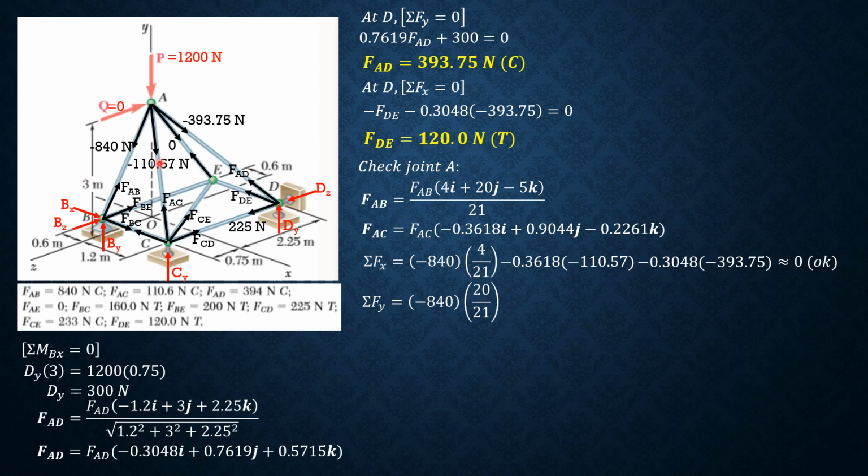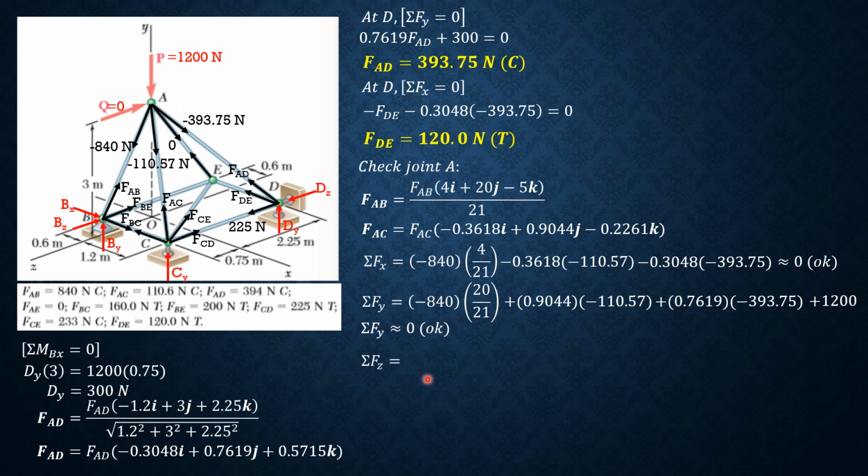Then 0.9044 times negative 110.57 for AC. Then 0.7619, the Y component of FAD, times negative 393.75, then plus 1,200 equals 0. Or check if it is 0. So summation forces Y is almost 0, therefore vertically joint A is also in equilibrium.